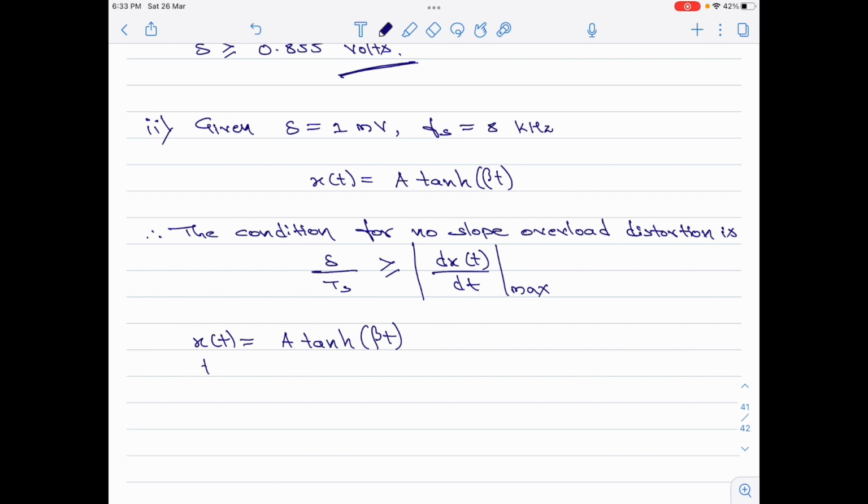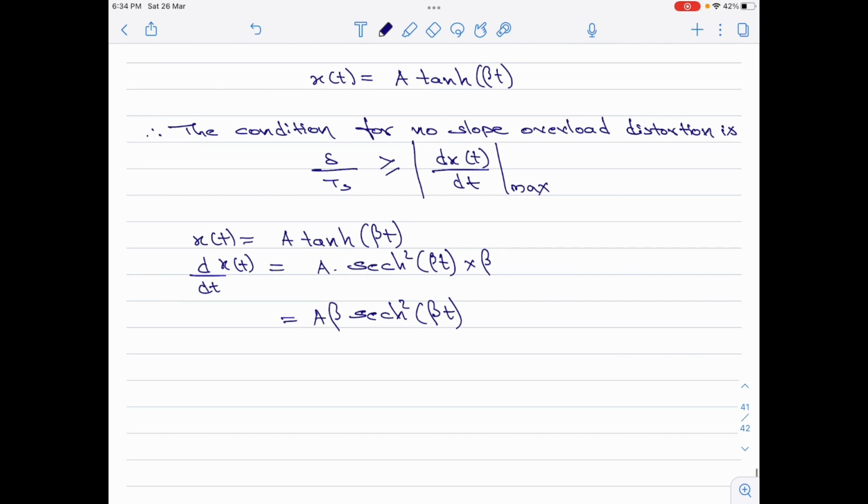Therefore, d by dt of x of t is equal to A into differentiation of tan h is secant h square. So, differentiation of tan h beta t becomes secant h square beta t multiplied by coefficient of t, that is beta. So, this is equal to A into beta into secant h square beta t.